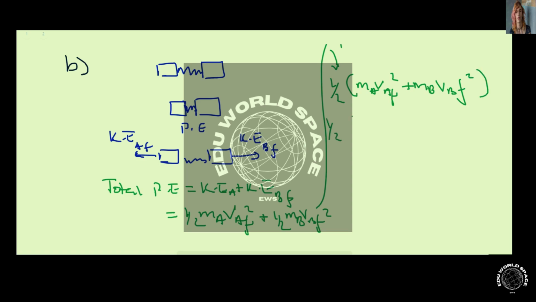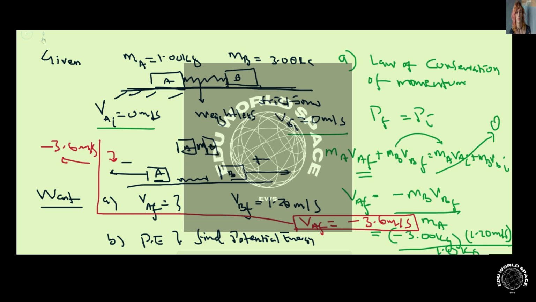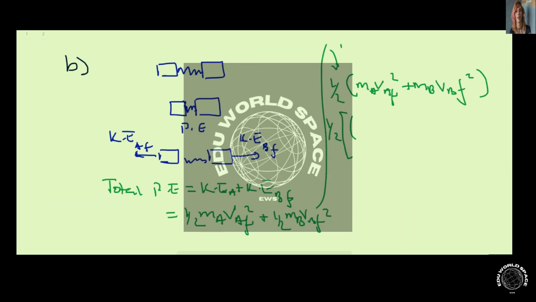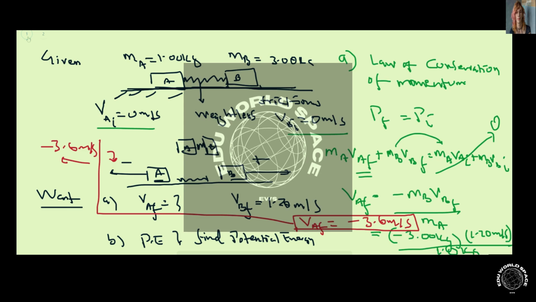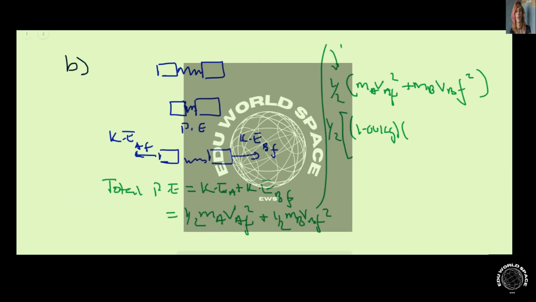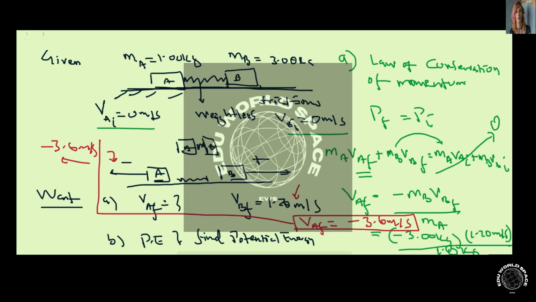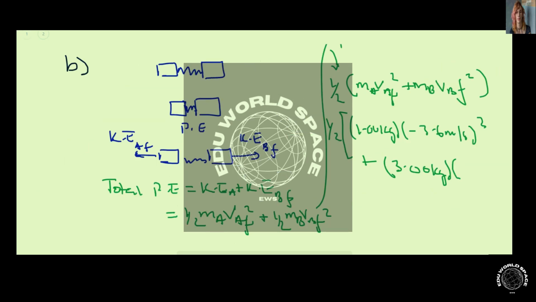We plug in the numbers. The mass of A is 1.00 kilograms, multiplied by the velocity of A, which we found to be negative 3.6 meters per second, squared, and then we add the mass of B, 3.00 kilograms, multiplied by the final velocity of B, 1.20 meters per second, squared.